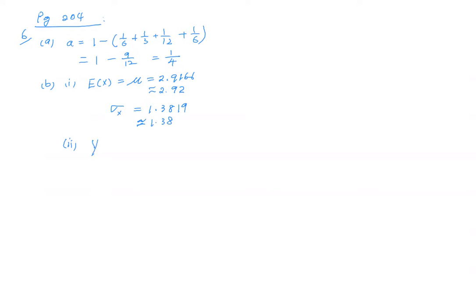Y equal to X plus 4. Okay, so therefore expected value of Y is equal to 1 times expected value of X plus 4. I prefer to do it like that.